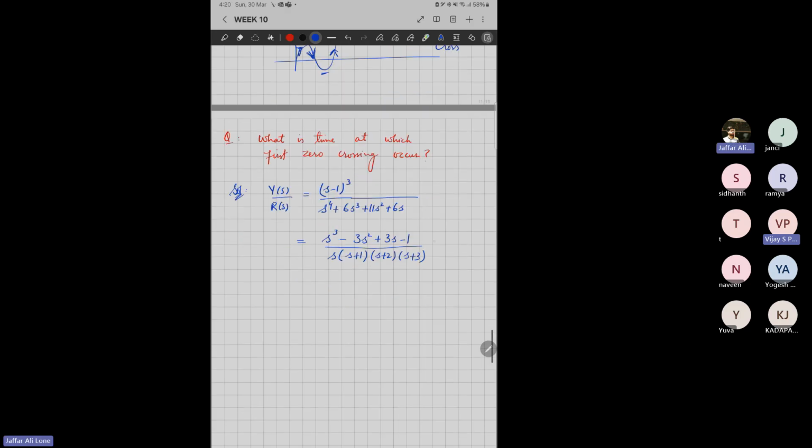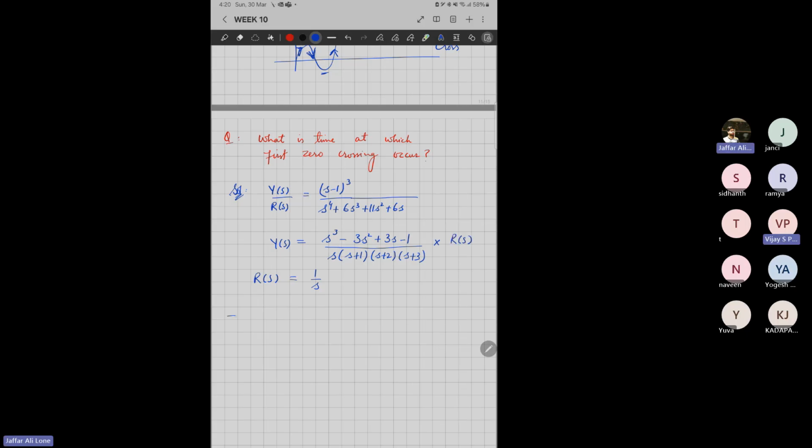So I wrote this Y(s) over R(s) like this. Now see, this R(s) is a unit step. It means R(s) is 1 over s. So I can write Y(s) as this into R(s).